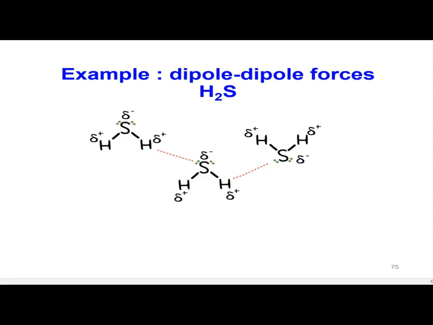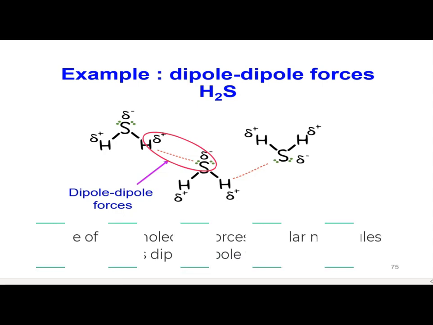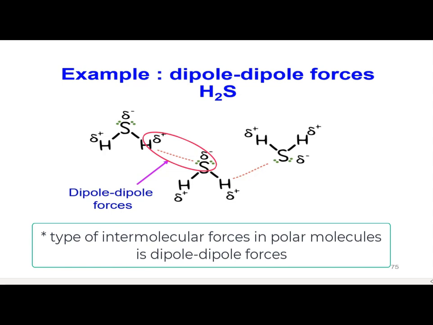Therefore, partial positive charge of hydrogen on one hydrogen sulfide molecule will be attracted to the partial negative charge of sulfur on the other molecule, forming a dipole-dipole force. So, as a conclusion, please remember this. Dipole-dipole forces arise between polar molecules when partial positive charge on one molecule is attracted to partial negative charge on the other polar molecule.